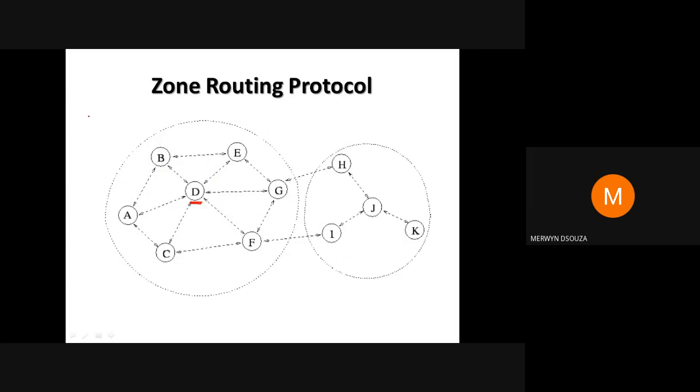So if we decide the number of hops for the zone is equal to 1, and you take this as the starting node, the source node, then all the nodes that are one hop from that, so for example B, E, G, F, C, A, will be put together in one zone.